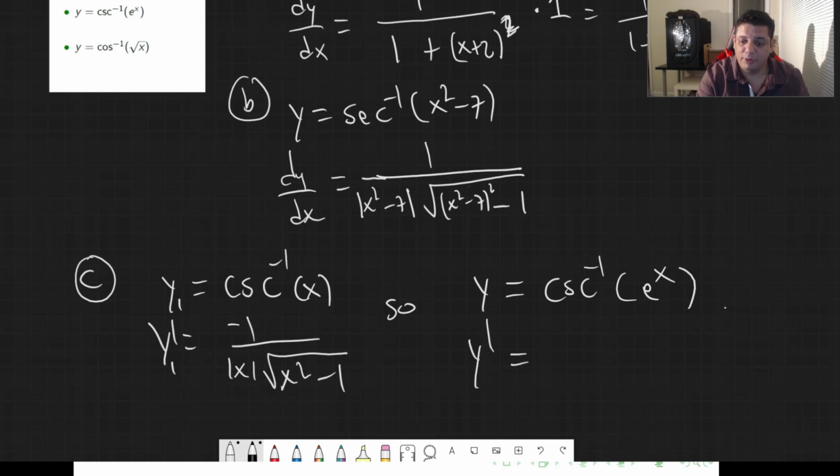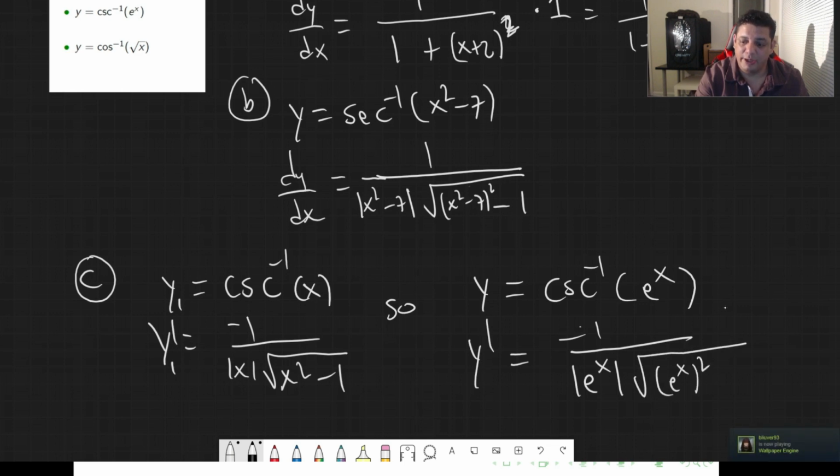And y prime is going to be the same thing, minus 1 over, but now instead of the absolute value of x we have the absolute value of e to the x, and now this is going to be (e to the x) squared, and the composition, minus 1. We also have a chain rule going on in here because we have the function e to the x. So we have to multiply at the end by the derivative of e to the x, which is e to the x.